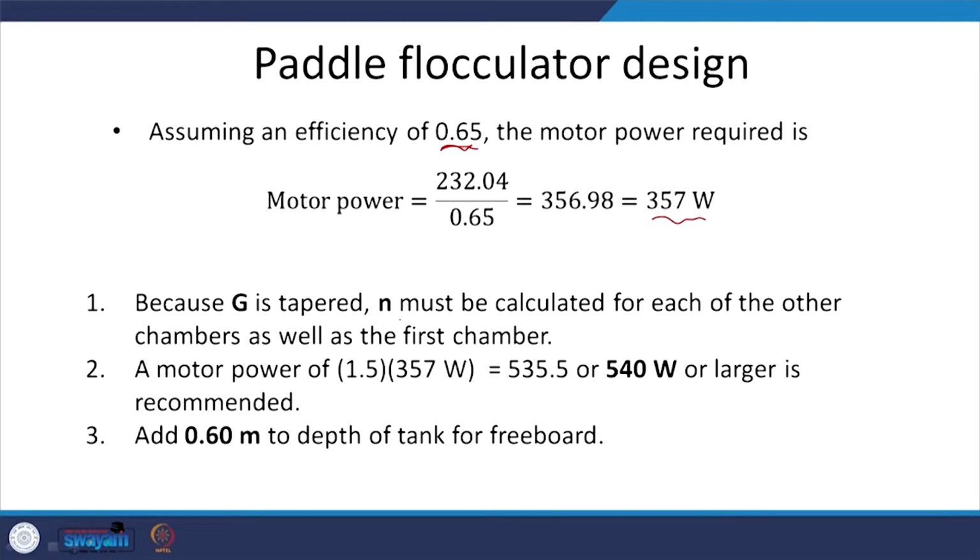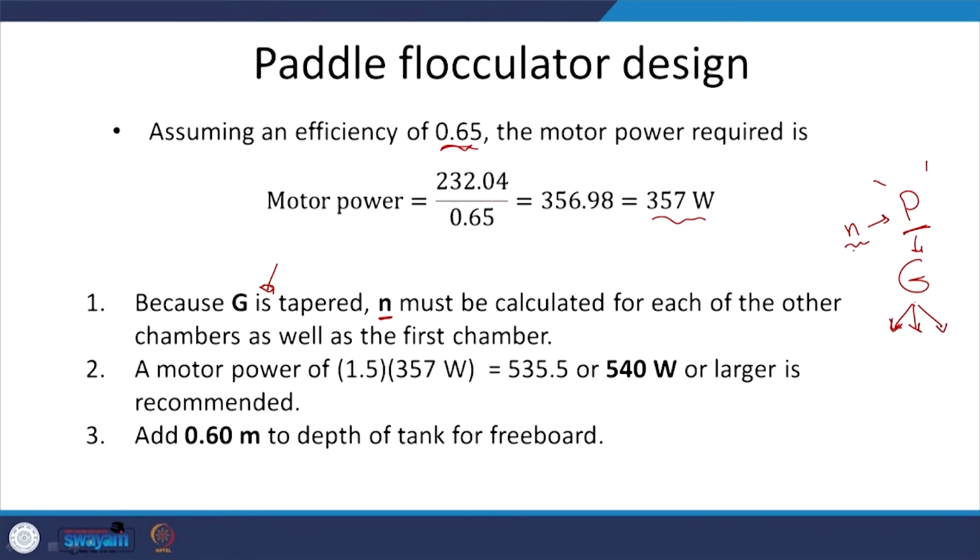Because G is tapered, N must be calculated for each of the other chambers. What has to be noted is, how did we calculate N? In that we used power, but the power will depend upon the G value, and the G value is different for different compartments, right.